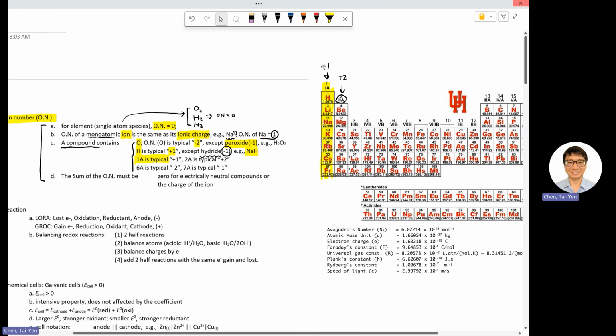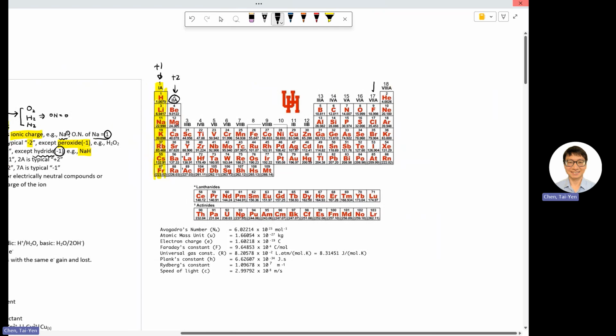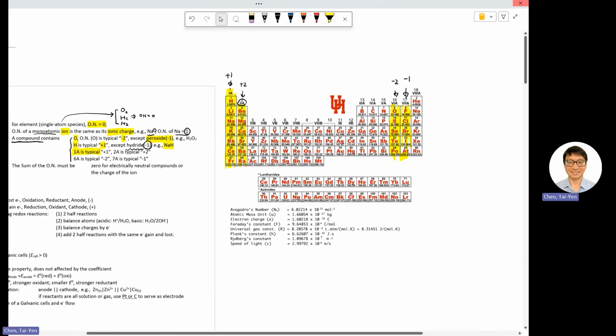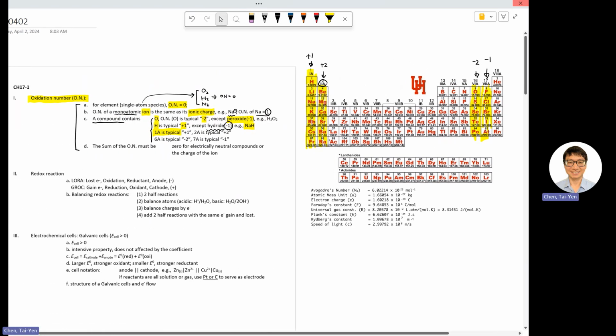Similarly, if you have 7A, then it carries -1. 6A carries -2. Let me highlight these columns so you can know where to look for them when you look at your periodic table. These are the simple rules that you need to be very familiar with.